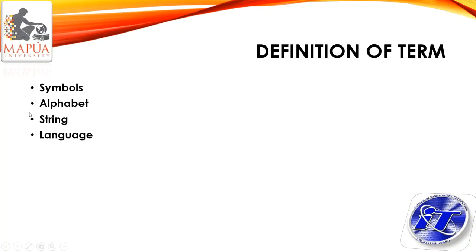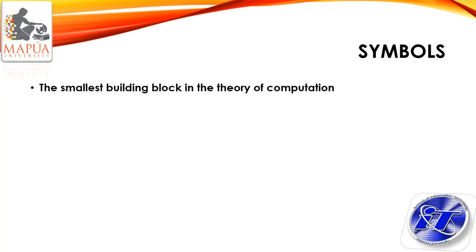So let's start with these four terms: symbols, alphabet, string, language. So if we say symbol, these are characters that represent the input of the machine, and it is considered as the smallest building block in the theory of computation.